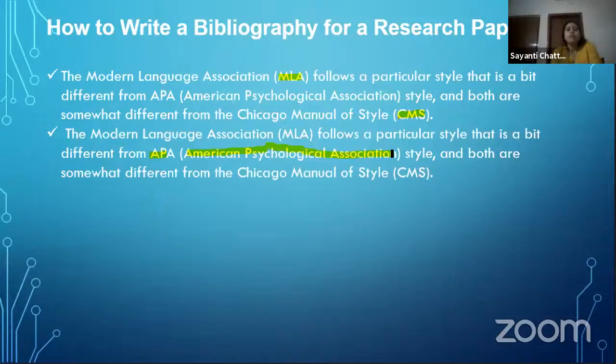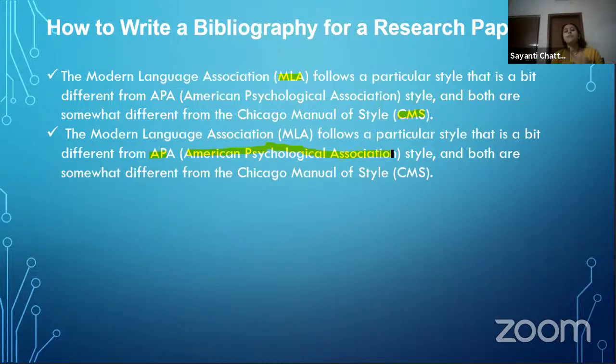So whenever you write a bibliography, first check what the requirement is on the journal site. If nothing is mentioned, choose only one, because in 99% of cases they mention the style for writing the bibliography.